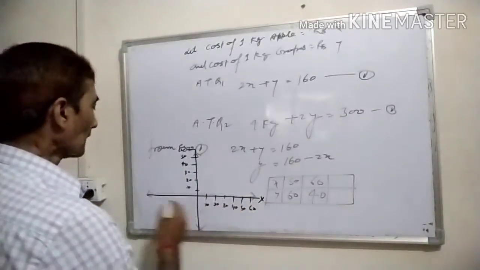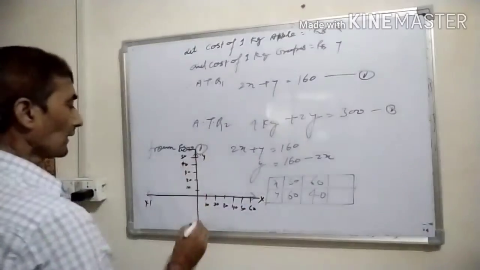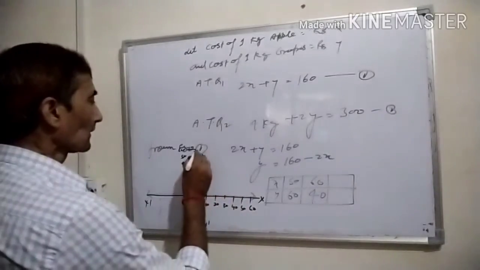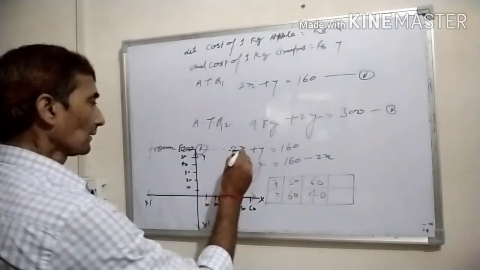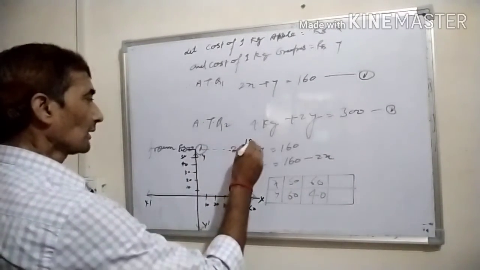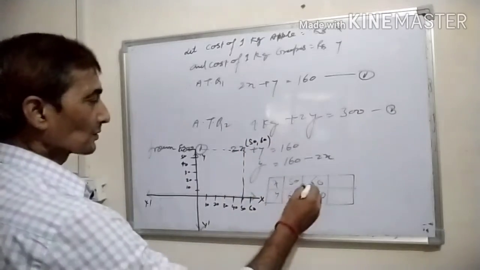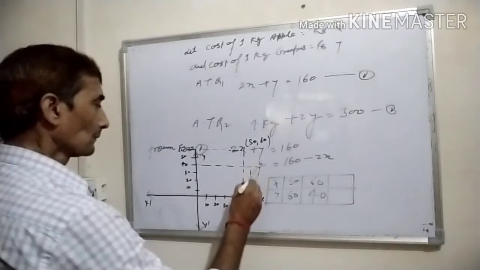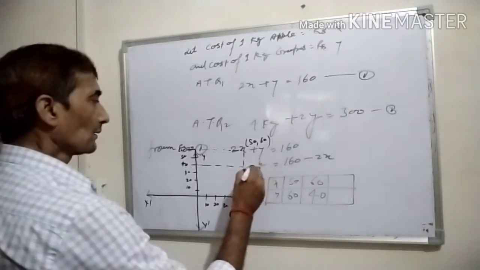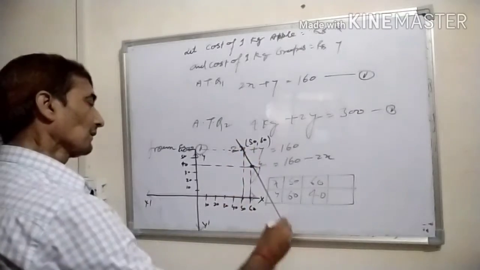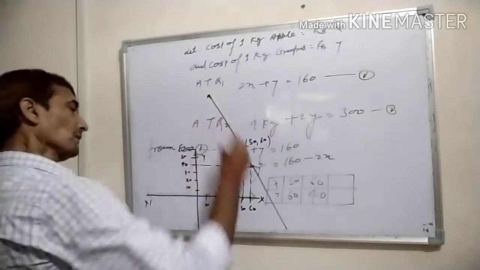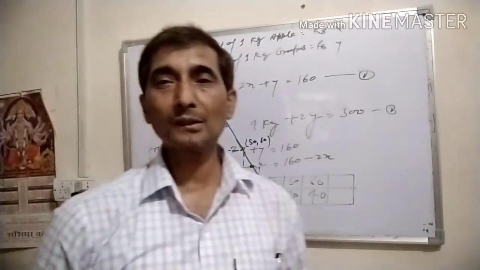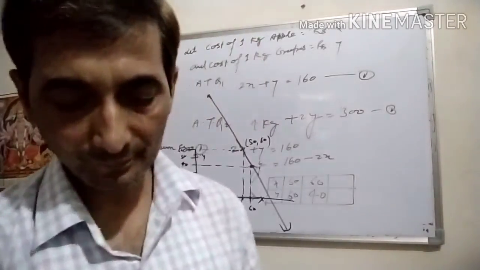Now x dash and y dash, the points 50, 60 and 60, 40. So join this line. This is the graphical representation of equation number 1.